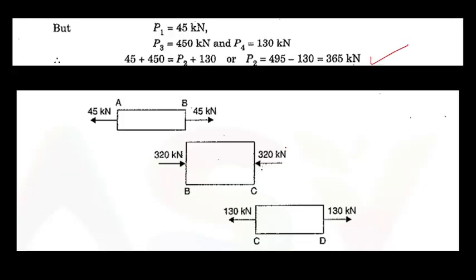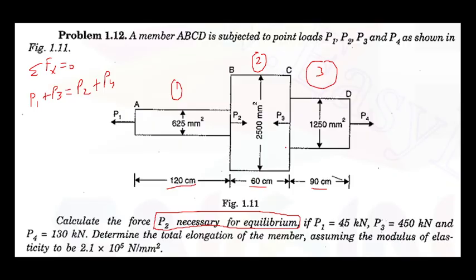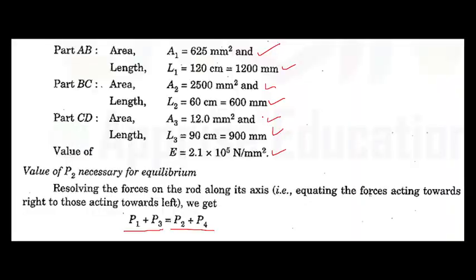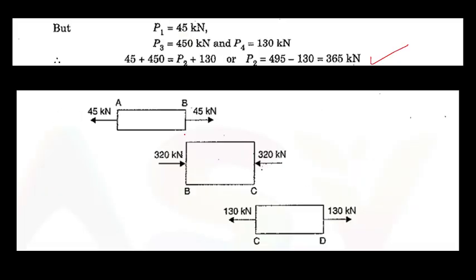Now you have to draw the free body diagram of each individual section: section 1, section 2 and section 3. Out of 365, if this section is in equilibrium, and P1 is 45, then P2 must be 45. Now subtract 45 from 365 and 320 comes. So by default this is 320, both for P2 and P3.